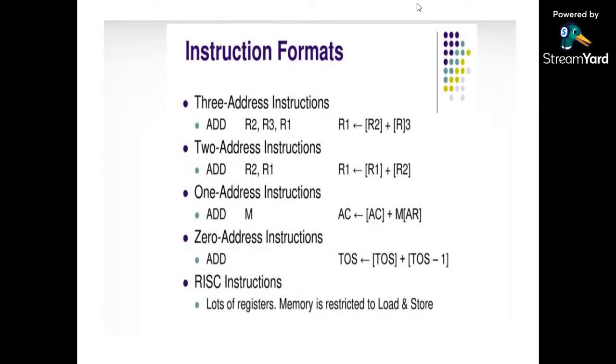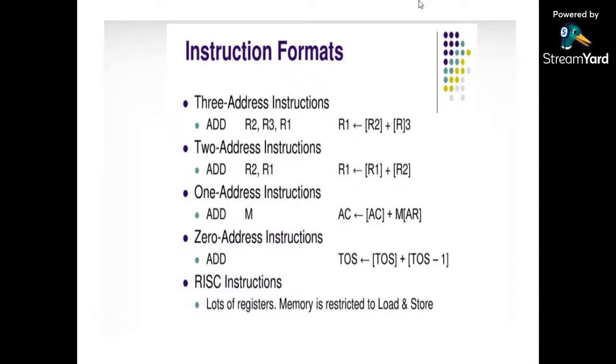Now there is a very important concept: what are the instruction formats? Basically there are four types of instructions supported by any particular machine. The first type is the three address instruction. Here I have tried to give an example: add R2, R3, R1.